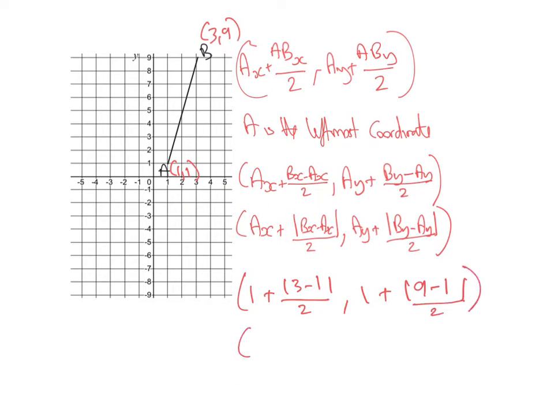So 1 plus 3 take away 1 is 2. The modulus of 2 is 2 because there's no negative sign on it. 2 divided by 2 is 1. And similarly for this, 9 take away 1 is 8. The modulus of 8 is 8. 8 divided by 2 is 4. And then you get 2, 5, which is, as we know, our midpoint.